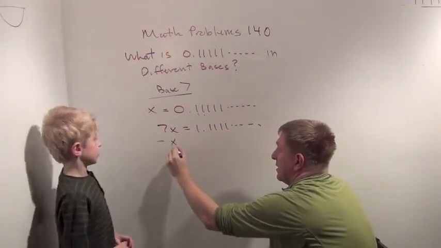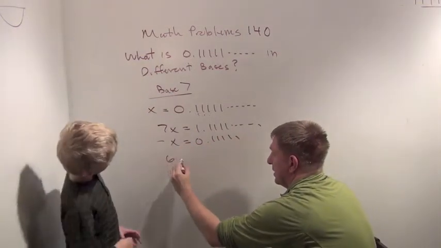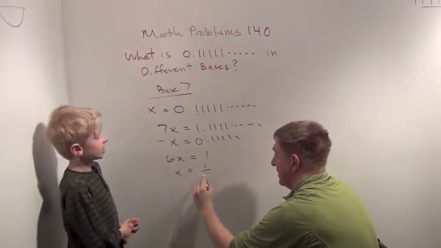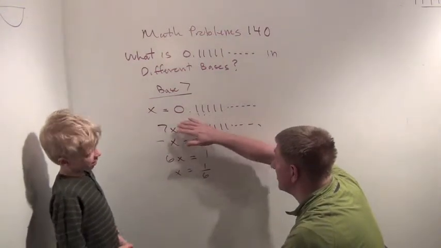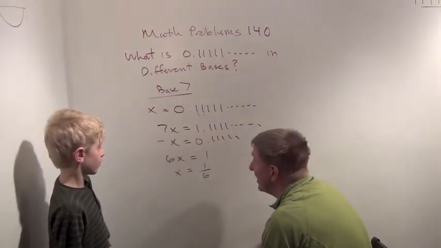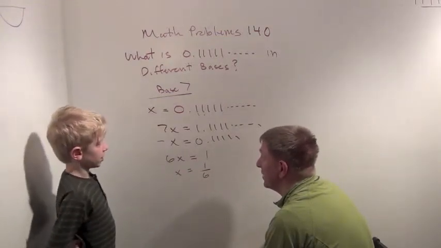Subtract x from it and you get 1. Then you get 6x equals 1, and it did equal 1/6. So in base 7, 0.11111 is 1/6. And what is it going to be in base 10 if we use our method? It's going to be 1/9.